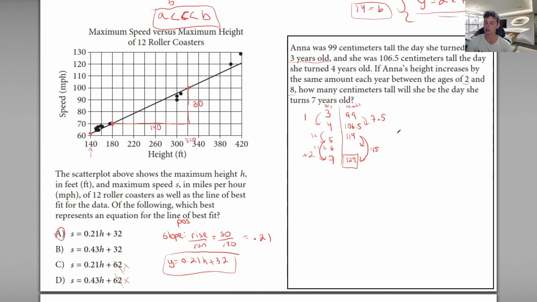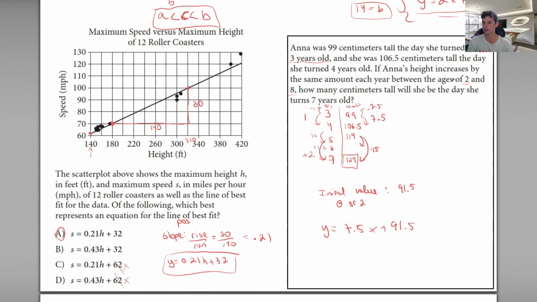So we know that the initial value is, if it decreases by 1 year, which is at year 2, the height is going to decrease by 7.5 as well. So 99 minus 7.5, so that's 91.5. So that's B, right? So y equals 7.5x plus 91.5.